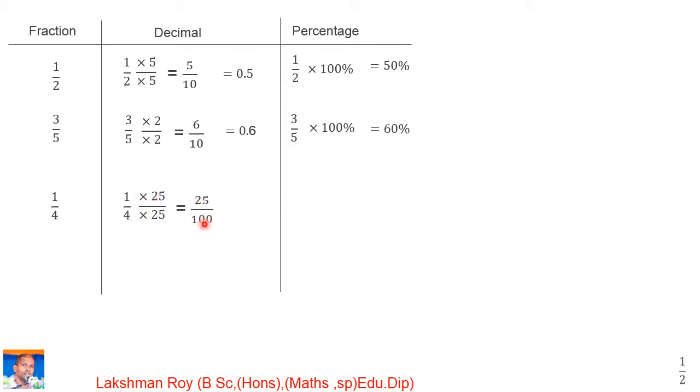Now you can separate two decimal places from the right side, and you get 0.25. Percentage, so easy: multiply by 100%, 4 and 100 can simplify, then you get 25%.